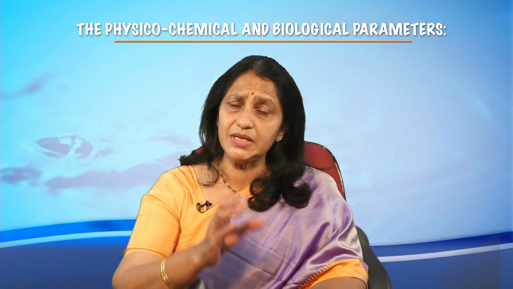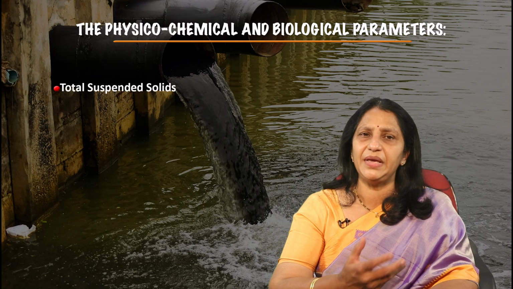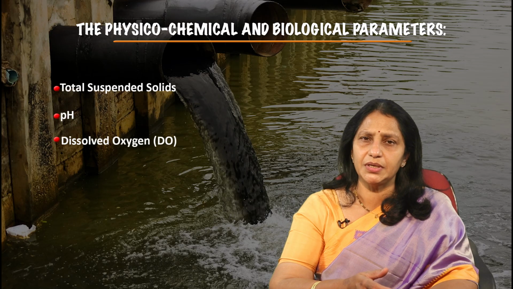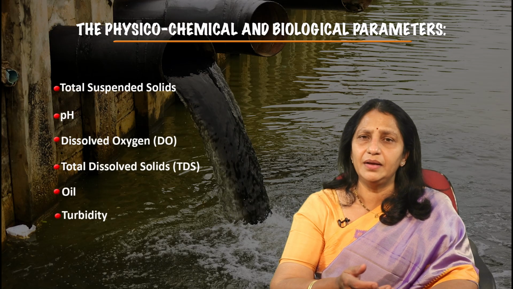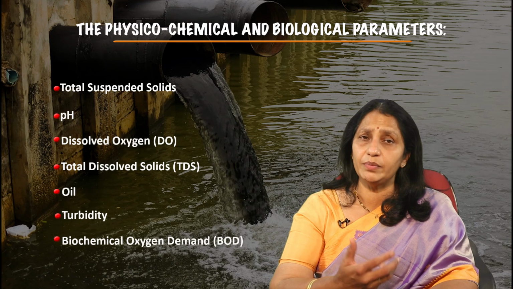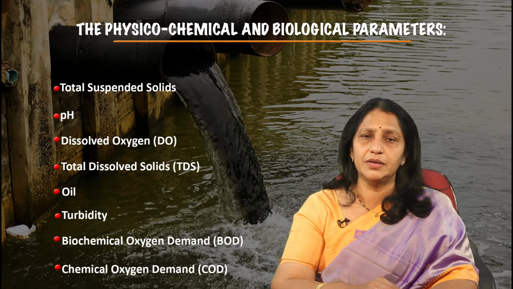Physico-chemical and biological parameters are considered in water quality analysis. These include total suspended solids, pH, dissolved oxygen, total dissolved solids, oil, turbidity, biochemical oxygen demand (BOD), and chemical oxygen demand (COD). Let us first understand these parameters, how they work, and then how to calculate them.